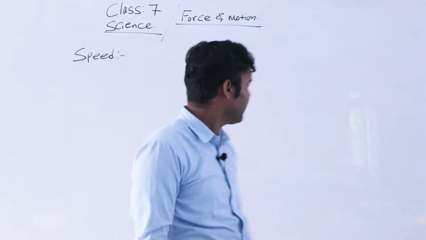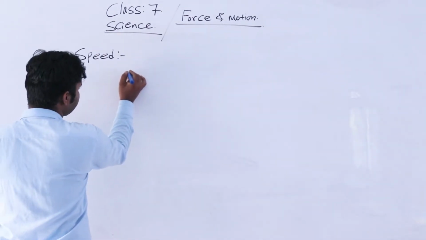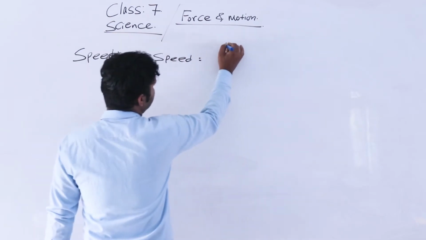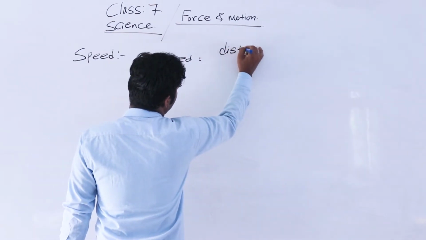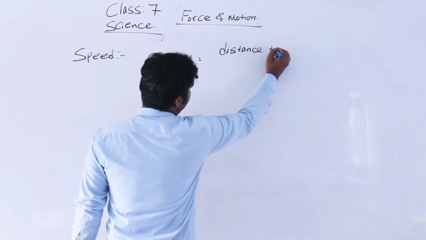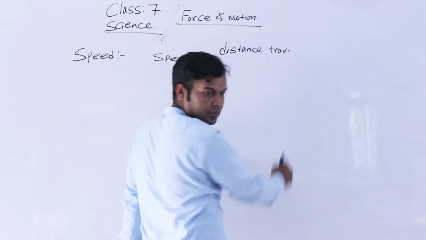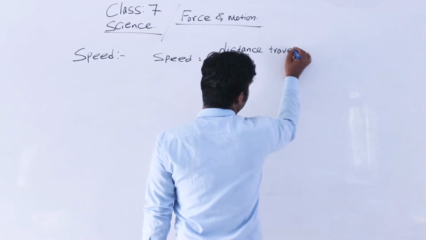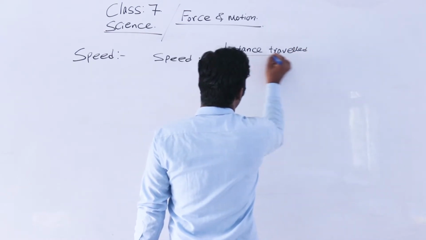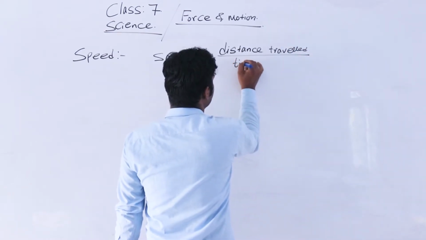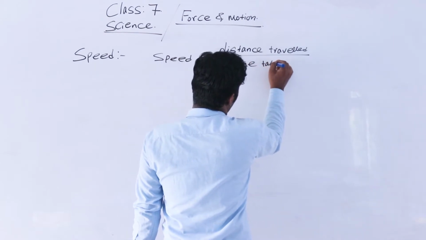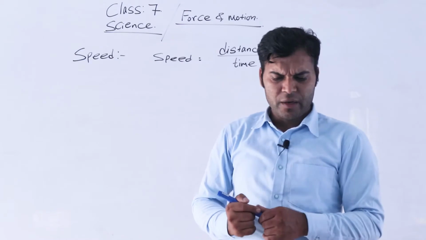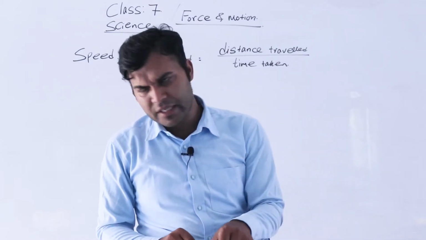Mathematically, speed is equal to distance travelled upon time taken. Isn't it? Note it. The distance covered by a body in a unit time is called the speed.